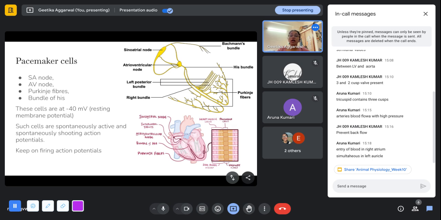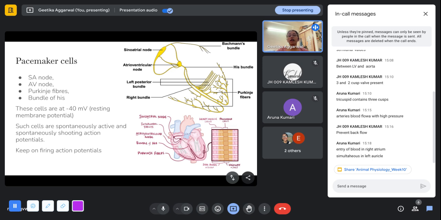Another important thing to keep in mind is that these cells are at a resting membrane potential of negative 40 millivolts, which is different from the rest of the neurons or the rest of the cells that we have discussed earlier in these lectures, which were mostly at minus 70 millivolts. These cells are generally at a resting potential of minus 40 millivolts.